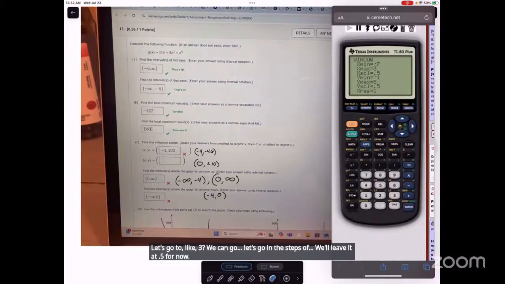Our y values, I see a -6, I see a 203, -46. So let's go down to about -50, and up to 300, or let's go to 325. Let's go in steps of 25 on the y-axis, okay?